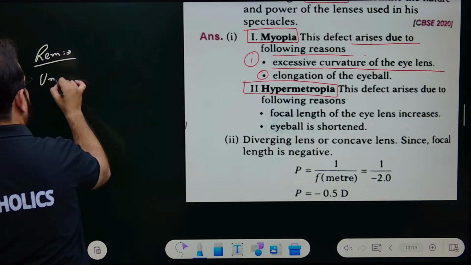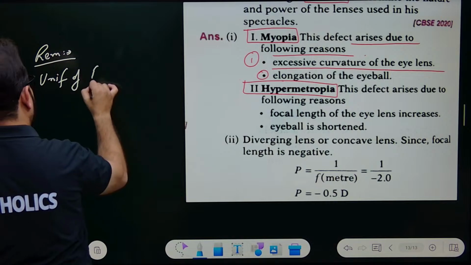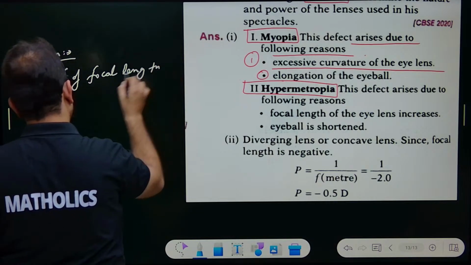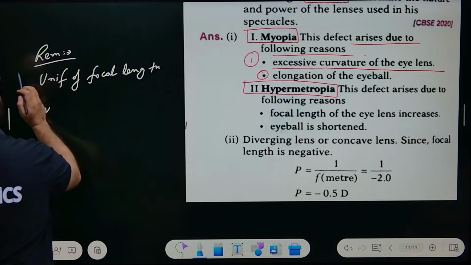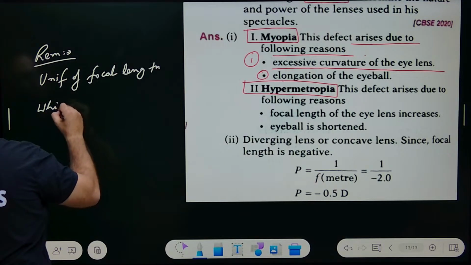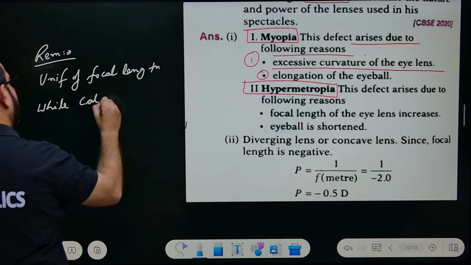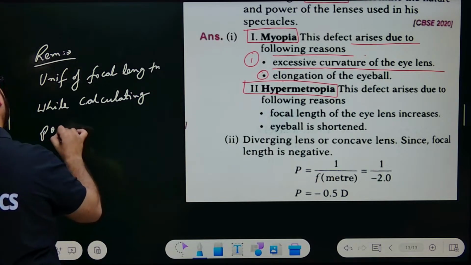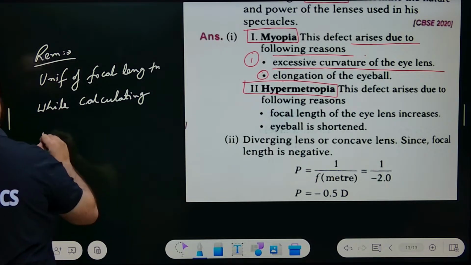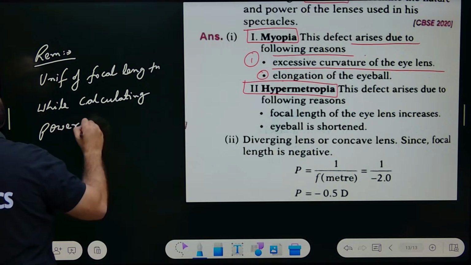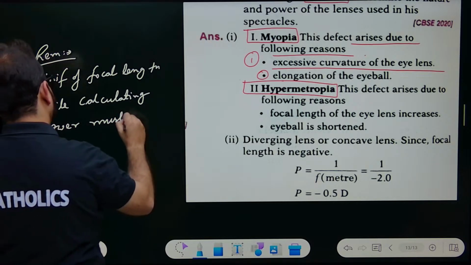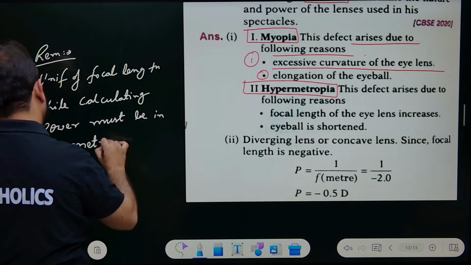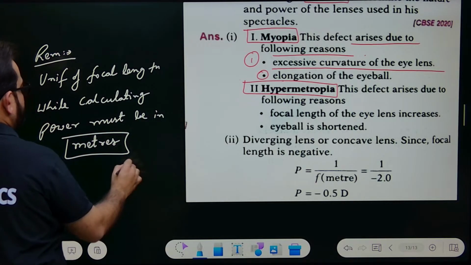While calculating power, the unit of focal length must be in meters.